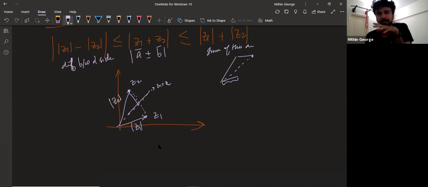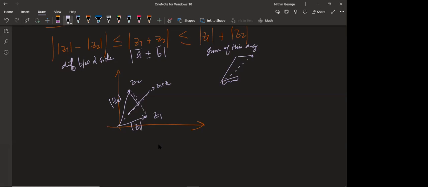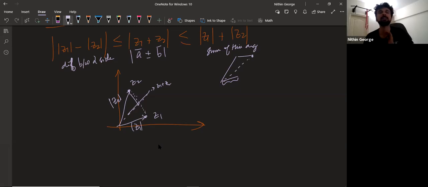We know the third side will be greater than the difference between their lengths and lesser than the sum of their lengths in a triangle. That is what we mean here. Got this? Length of the third side of a triangle will be lesser than the sum of the other two sides and greater than the difference between the two sides. As simple as that.